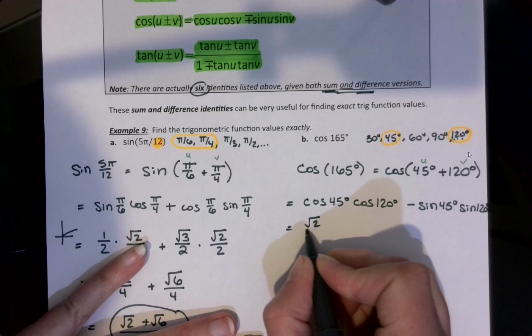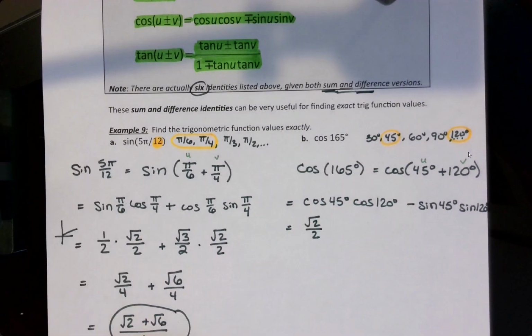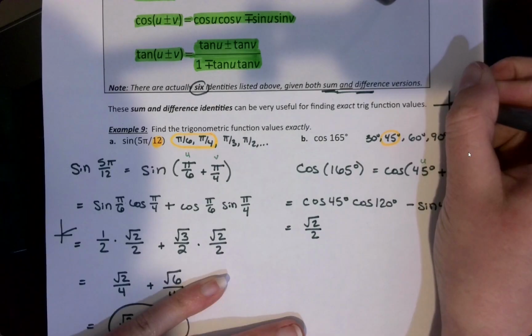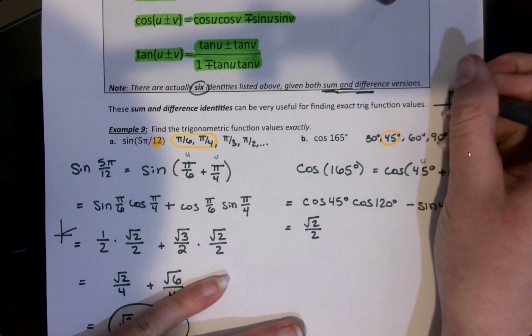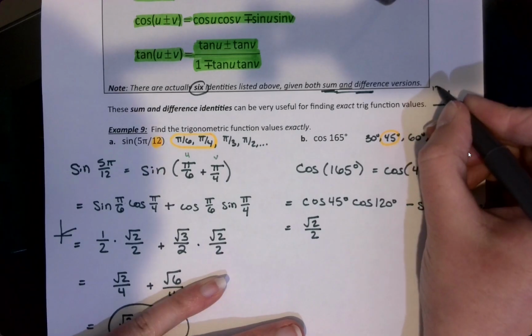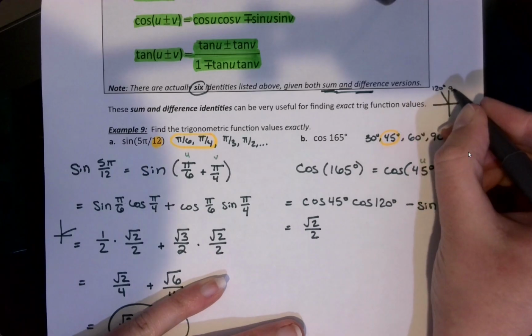So its cosine value is going to be a half, but it's going to be negative a half because it's in quadrant 2. Minus the sine of 45, which is another root 2 over 2, and the sine of 120, which is going to be positive. Sine values are positive in quadrant 2, and that's going to be our positive square root of 3 over 2.